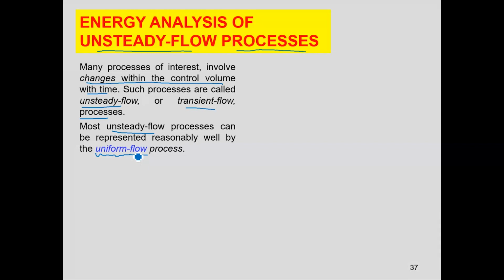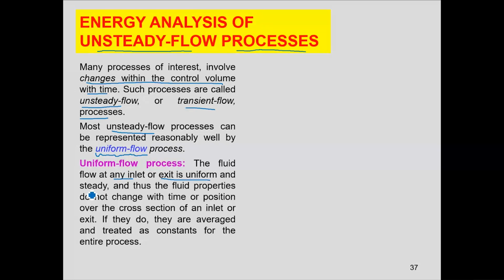So the inlet or exit is uniform and steady. The fluid properties do not change with time or position over the cross section of an inlet or exit. Even if they do, you take an average value for the time and position, and they are assumed as constant for the entire process.